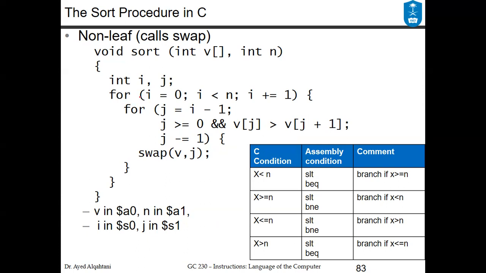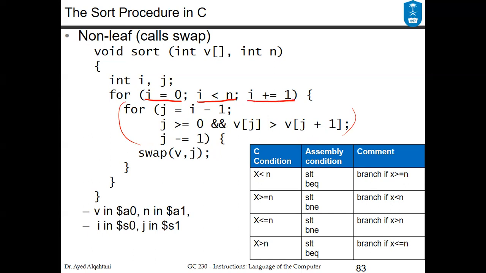The for works by first executing this statement and then checking the condition. And after that, if the condition is true, you go and execute what's inside the body of the for. Once you're done, you go back and do this statement.